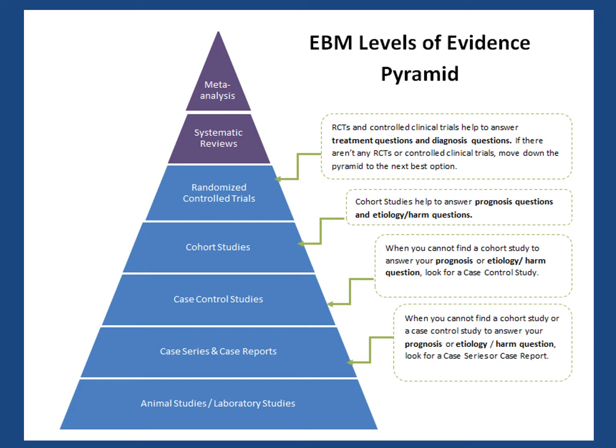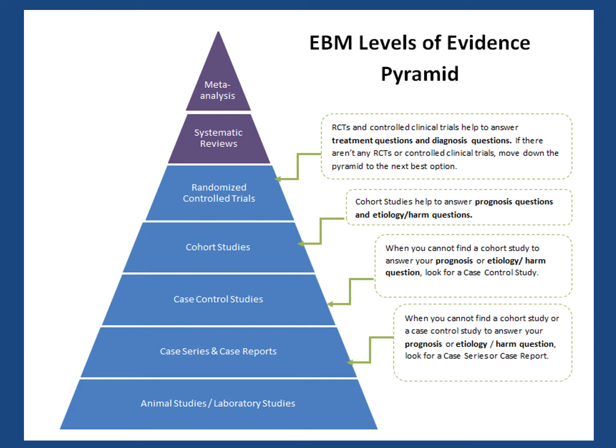As you can see from this pyramid diagram, a meta-analysis or a systematic review is at the top and would be the strongest form of evidence. Evidence hierarchies such as this one can provide a shortcut to help you filter your search to the most likely best evidence for the kind of question that you're asking.